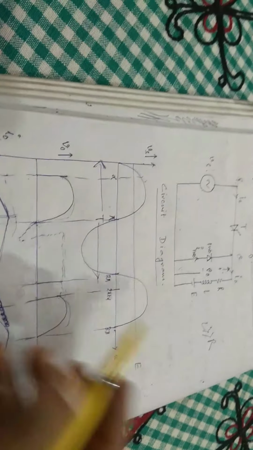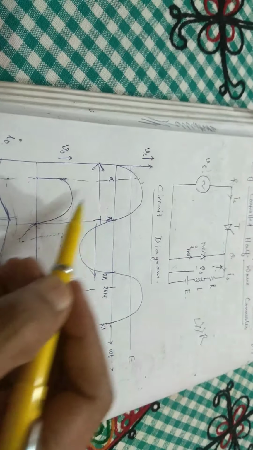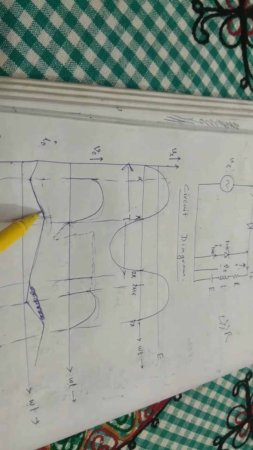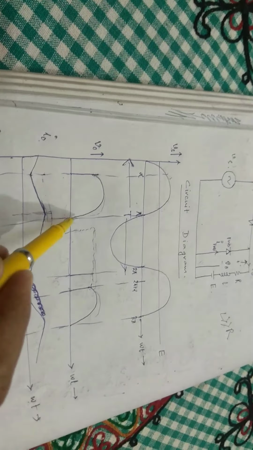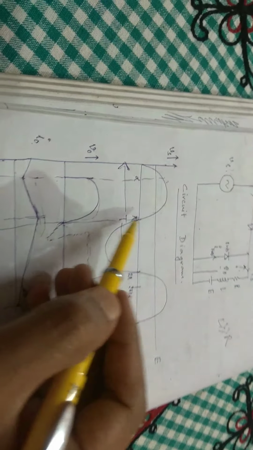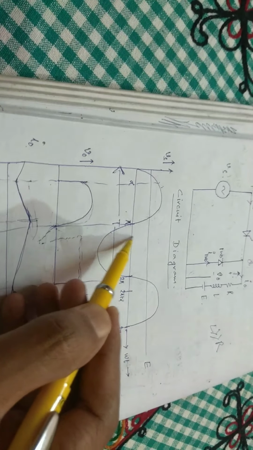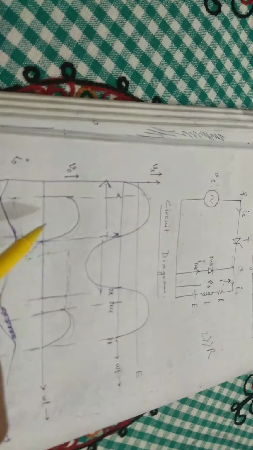As we have explained in the last video, the output current conducts beyond pi also, and because of this the output voltage waveform should have become negative beyond pi, but it didn't become negative and it stopped at 0.